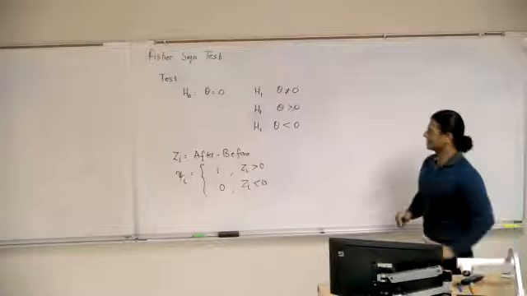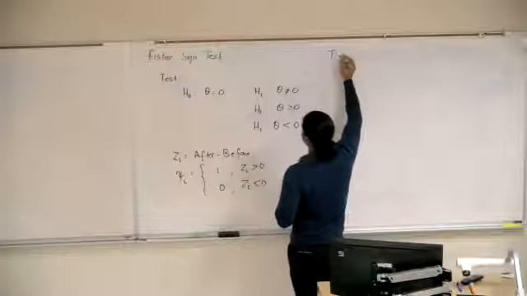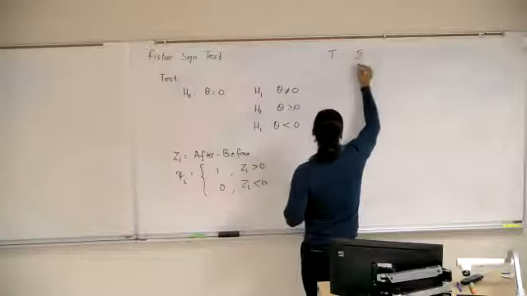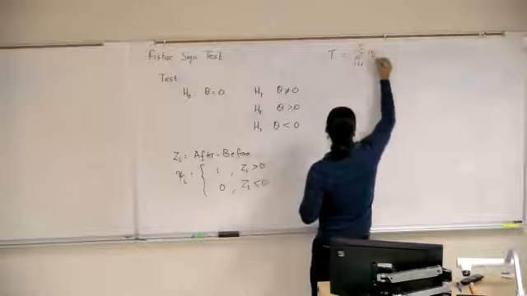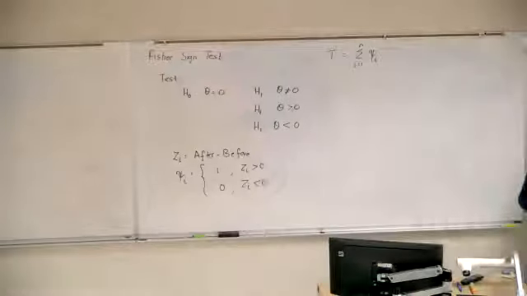So the test statistic is simply the sum of all the indicators. Well, if you sum all the indicators, what are you summing? The number of what signs?